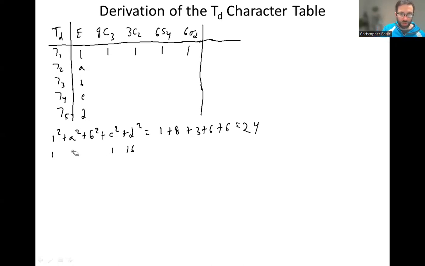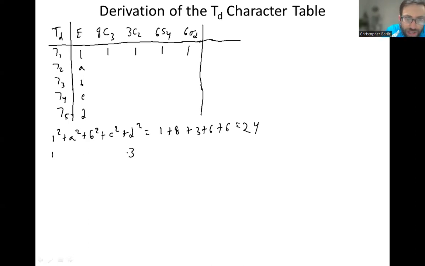If instead I tried one of them to be a 3, you just try some guessing here, that would get us a 9, right? 3 squared is 9, 10, 17, 18, and then there's no number here. That gets you 6. Square root of 6 isn't an integer, so you're no good there. So that tells you can't have a 4. So there's no 4s, so it would have to be 1, 2, or 3s. You just have to play with numbers here in order to do this derivation.